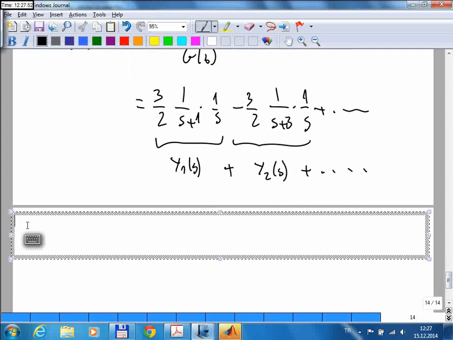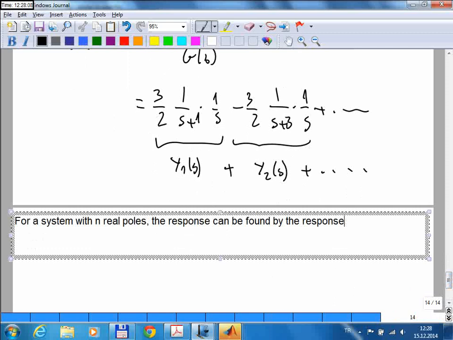Okay, so let me just write my conclusion here. For a system with n real poles, the response can be found by the superposition of the responses of n first order systems.